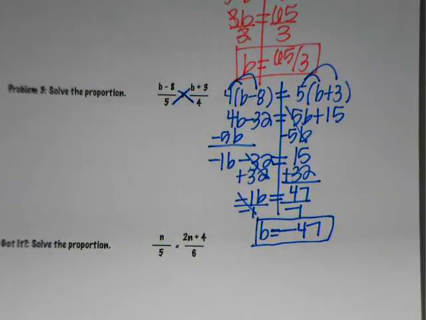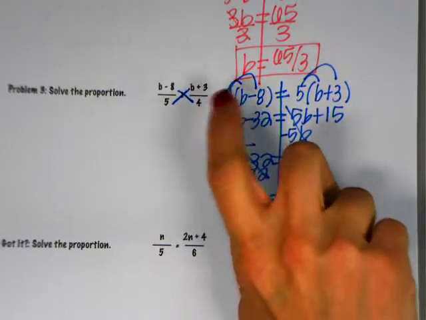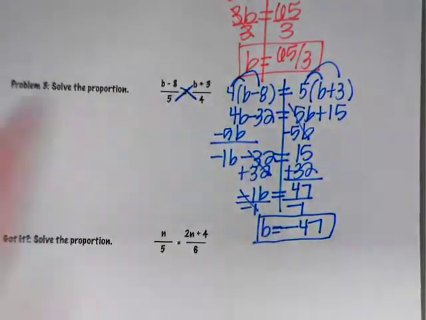It might have just been a passing statement, but you said that it doesn't matter which order you multiply each side in. Is that correct? As far as if you had the 5 times the b plus 3 on the left and the 4 times the b minus 8 on the right. Yes, but the diagonal should still be multiplying together.